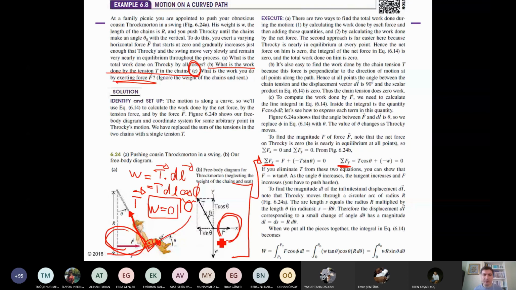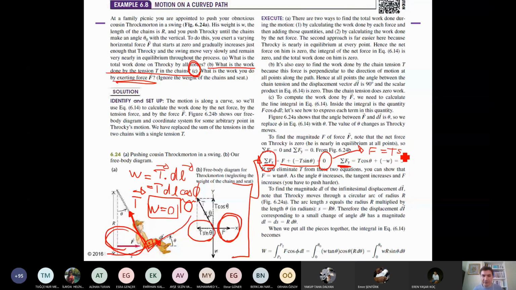And what about the net force? Since the system is nearly in equilibrium at all points, net force is zero. Okay, then we have this relation. You can take this expression from this equation, T sine theta. Now we have the relation between tension force and push force applied by you.